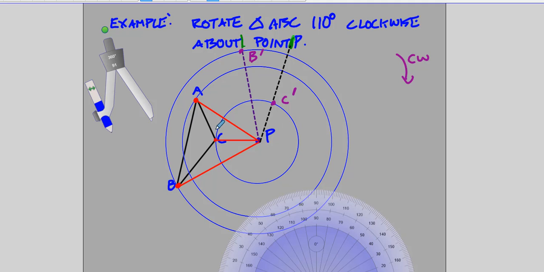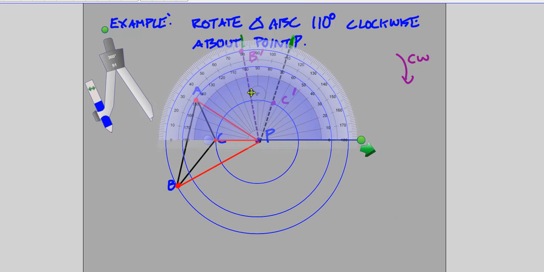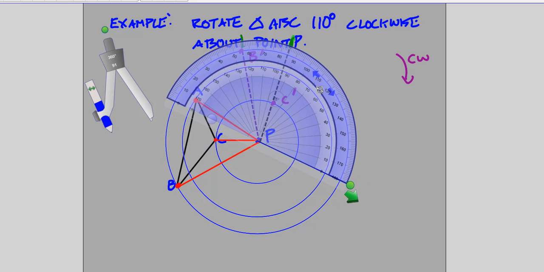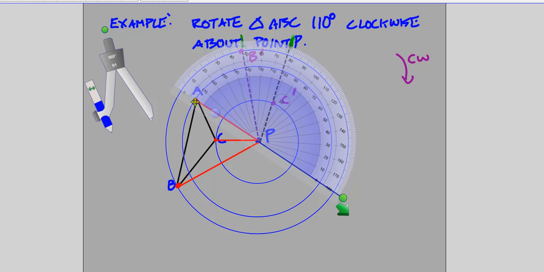And finally we do this for A, so I need to move my protractor back up, center it on P, and turn it so it matches that line segment. It's actually segment AP or PA. Now I measure off 110 degrees on this. So this is 10, 20, 30, 40, 50, 60, 70, 80, 90, 100, 110, which puts me right there.